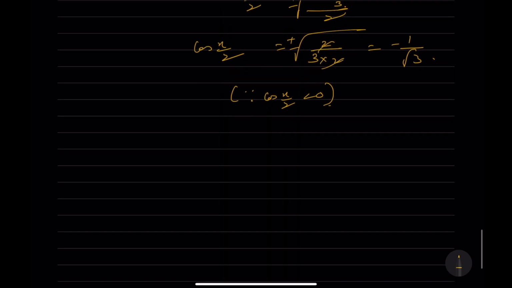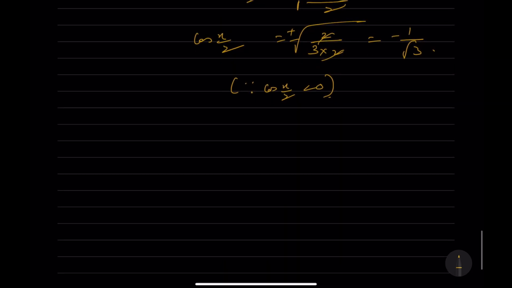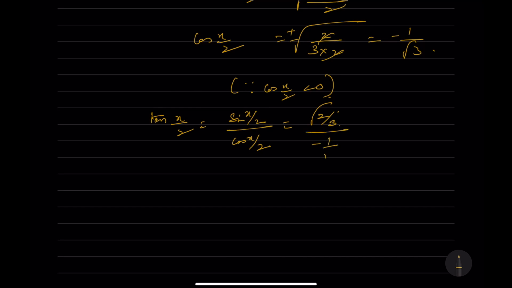Now going into the third one, that is tan x by 2 is equal to sin x by 2 by cos x by 2, which is equal to root of 2 by 3 by minus 1 by root 3. So which can be written as root 2 by root 3 by minus 1 by root 3. So this will get cancelled.